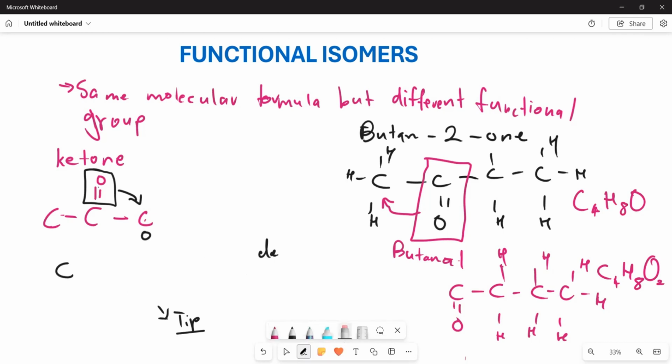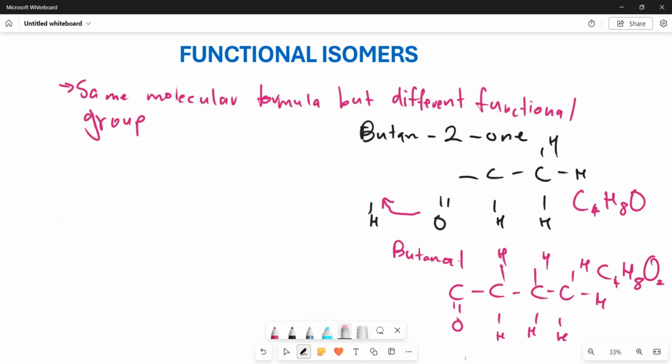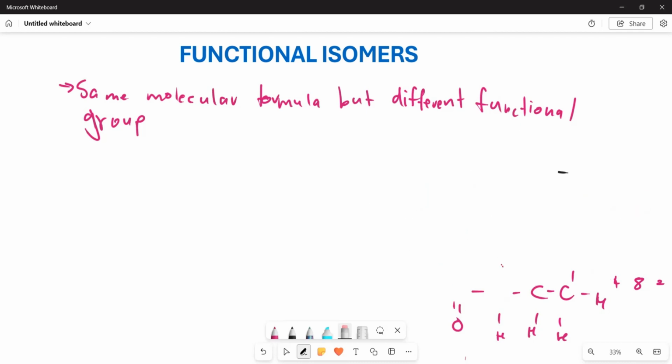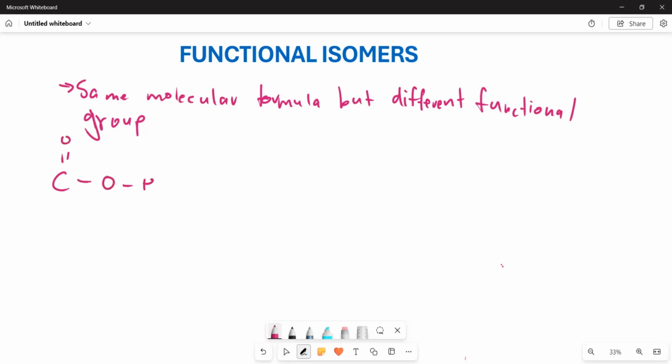Now, another two functional isomers that we have are your carboxylic acid and also your ester. The carboxylic acid and your ester have the same relationship as your ketone and your aldehyde. Remember the functional group of your carboxylic acid, it's like this, and it's always going to be found at the tip.